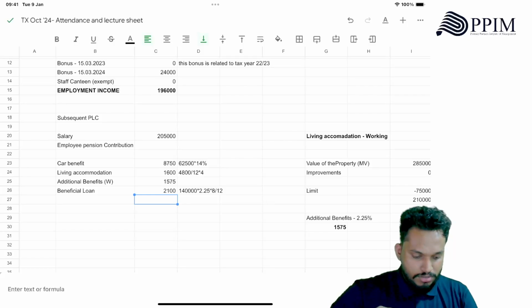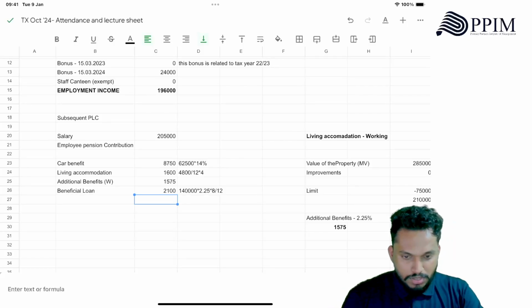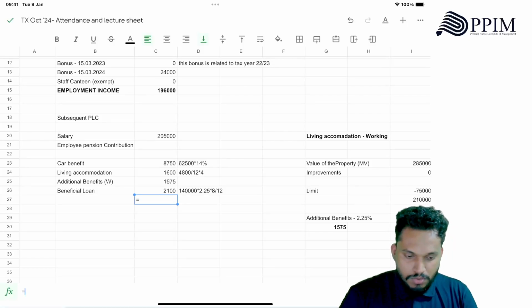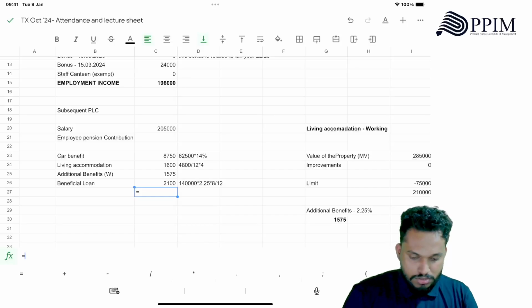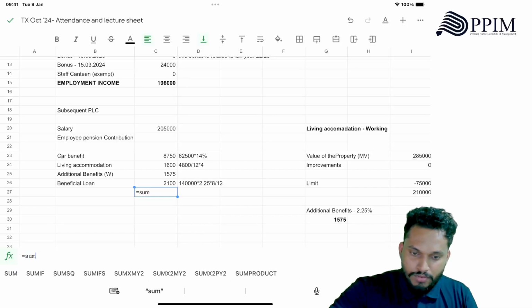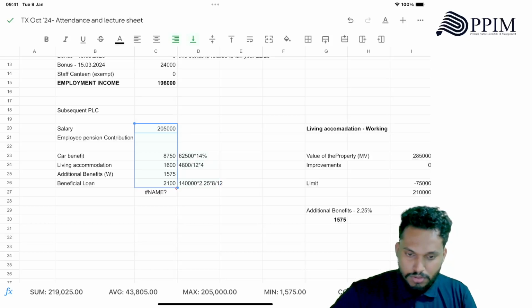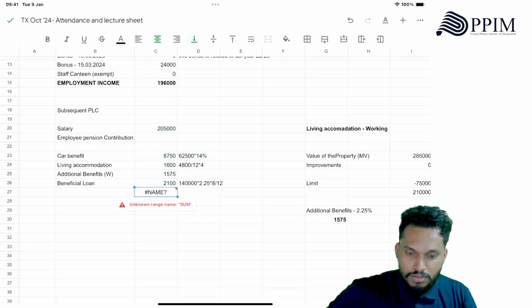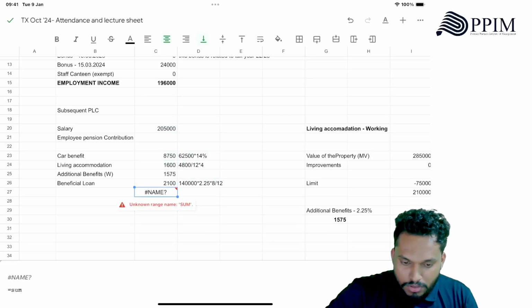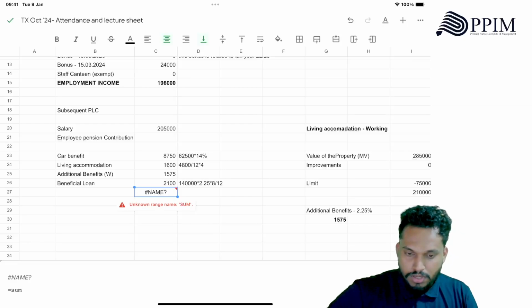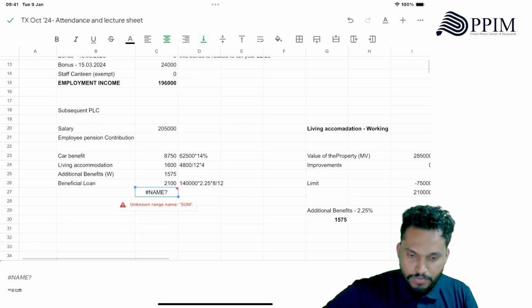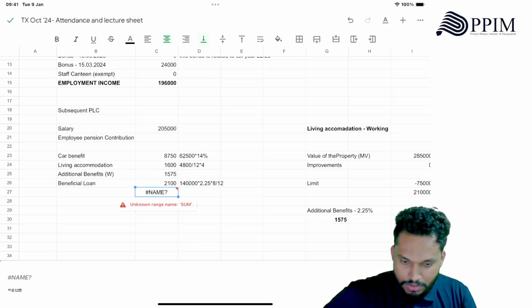You know that? Command F5, it's not working here. Equal sum from here to here. It's not working. Unknown ranges are shown. This is what I hate about Excel. No, don't delete it.